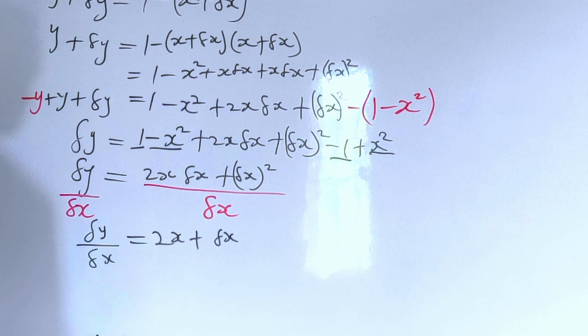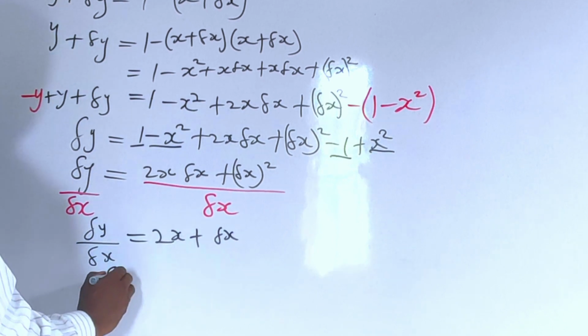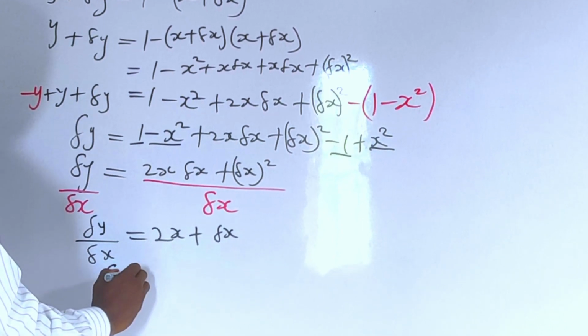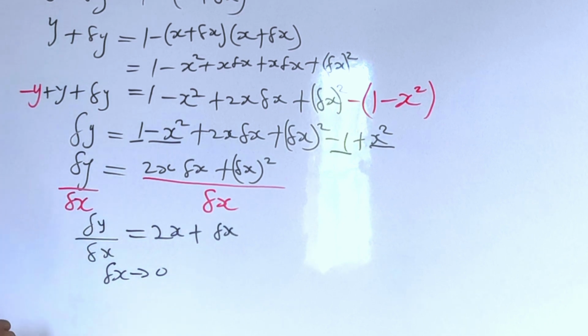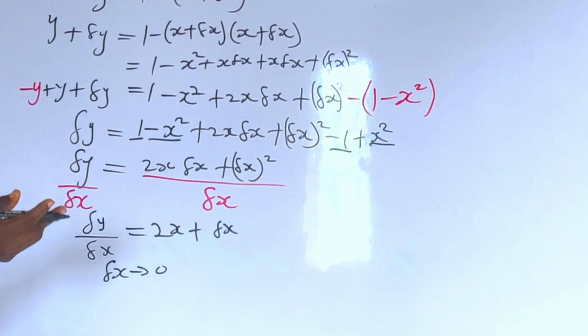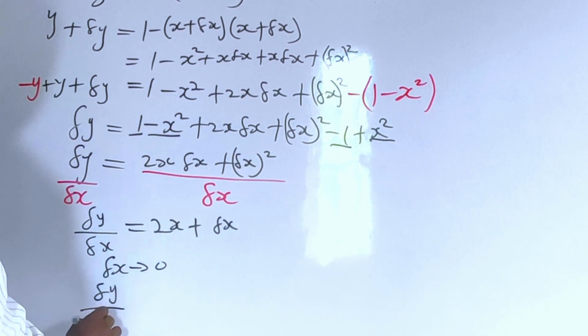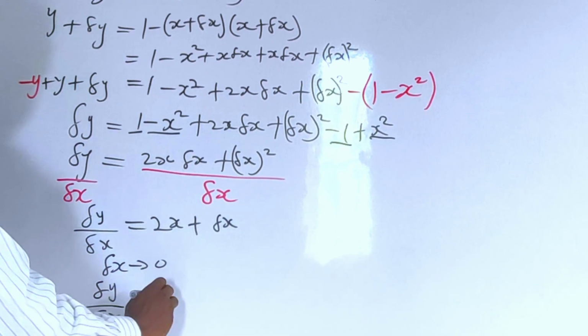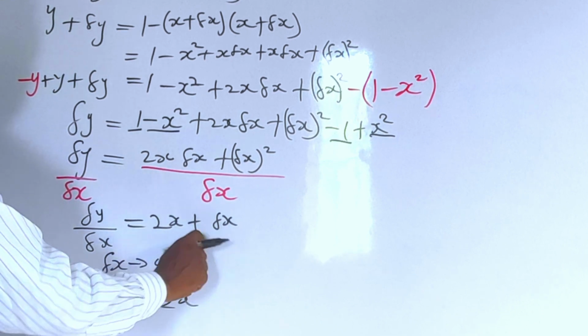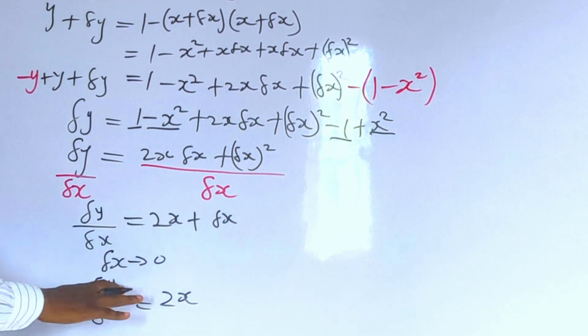It was delta x squared. Okay, so as the delta x approaches 0, because the derivative is usually the limit as delta x approaches 0, which is the tangent. So that's going to be 2x, right?